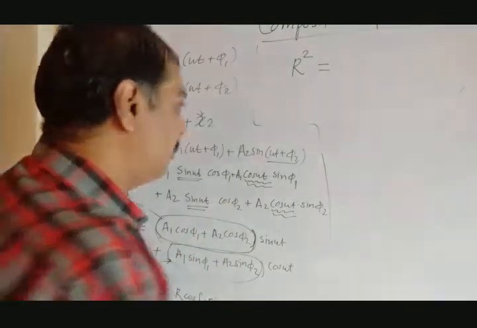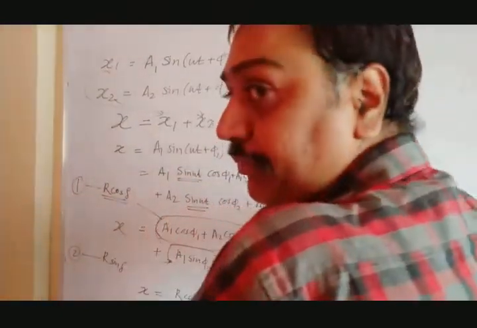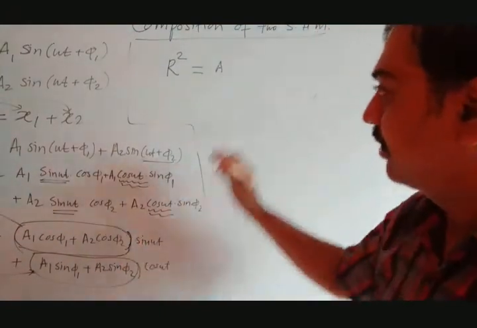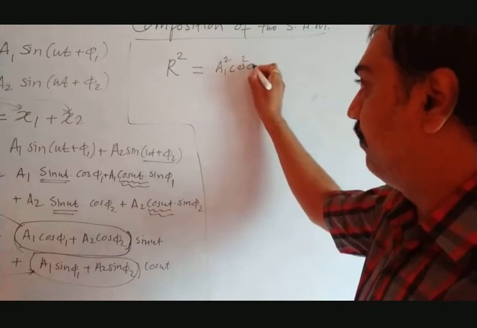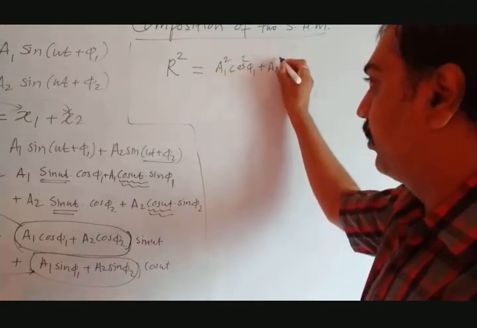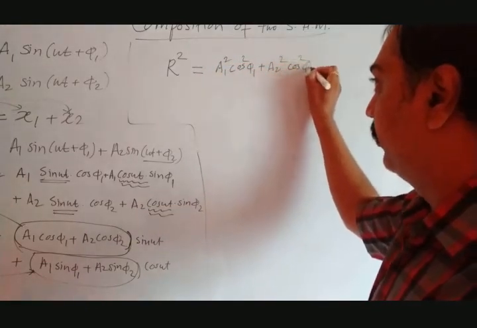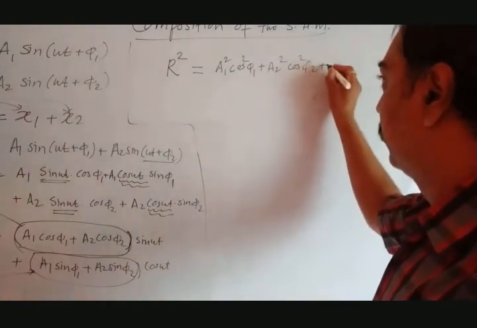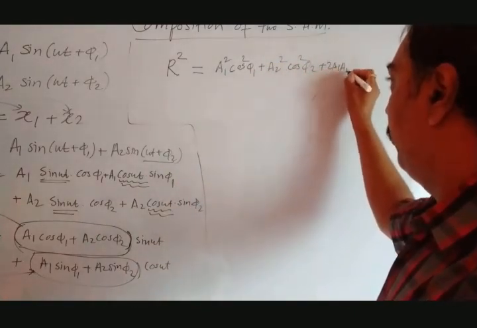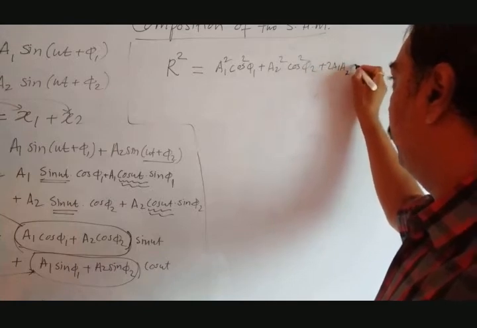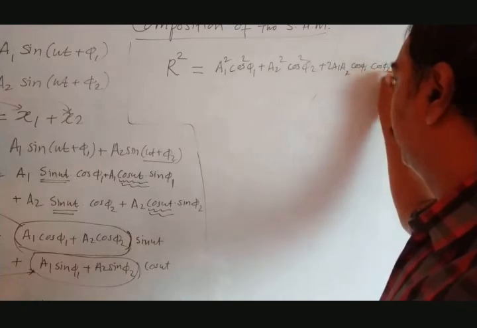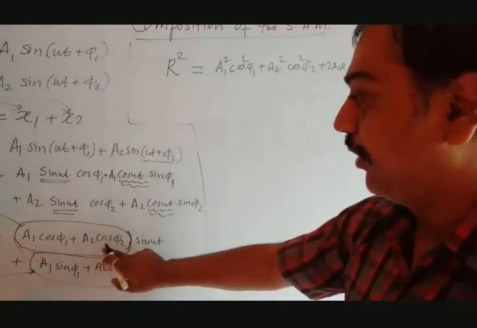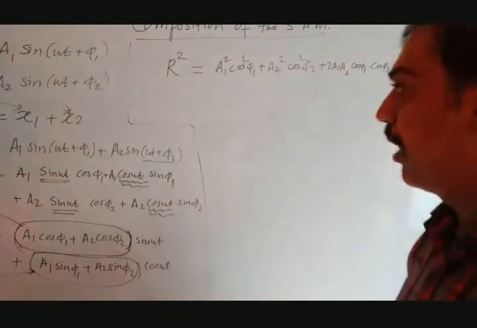So write down here the right hand side of the equation by squaring that. a1 square cos square phi 1 plus a2 square cos square phi 2, plus twice a1 a2 cos of phi 1 into cos of phi 2. This is the first part we get.